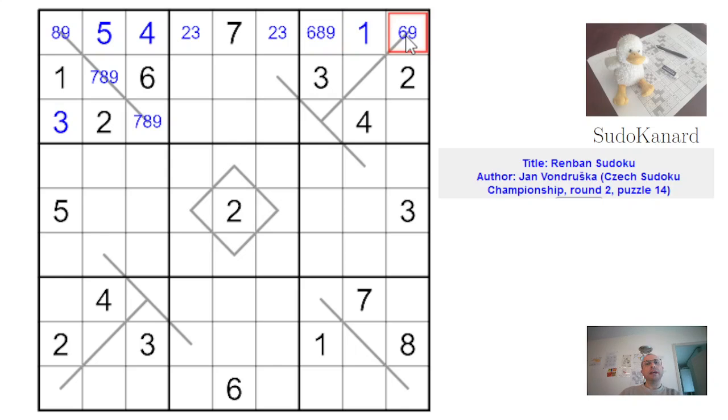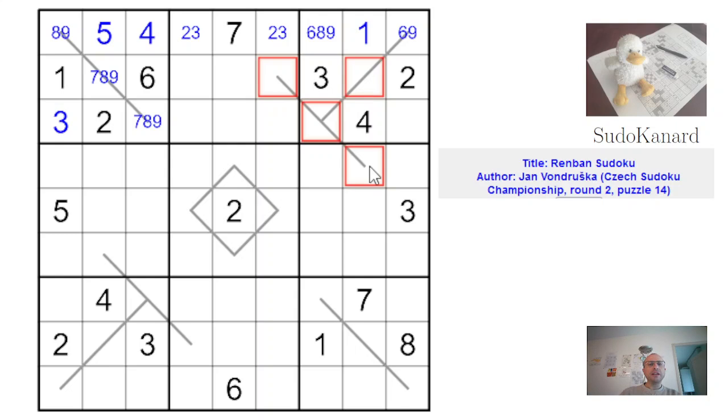Is there a way to decide at this point on what goes there? If this is 9, this must contain 5, 6, 7, 8. And I don't think there's any reason to exclude this possibility.